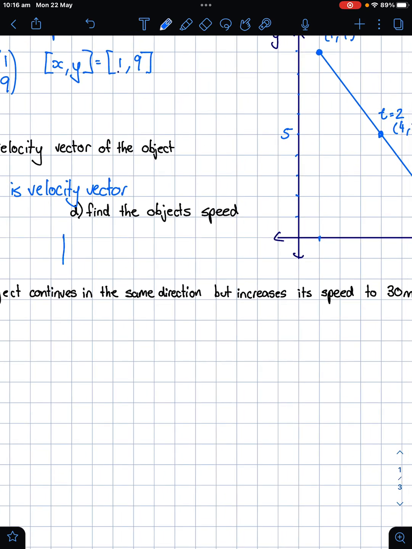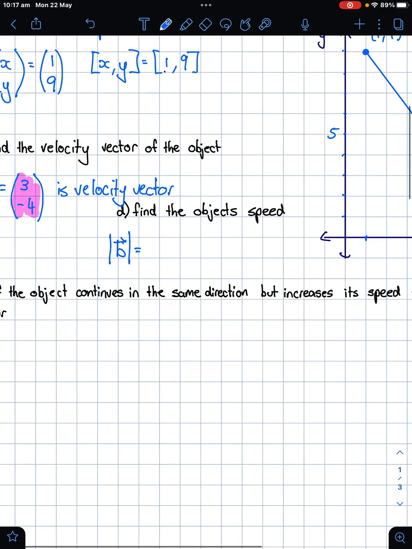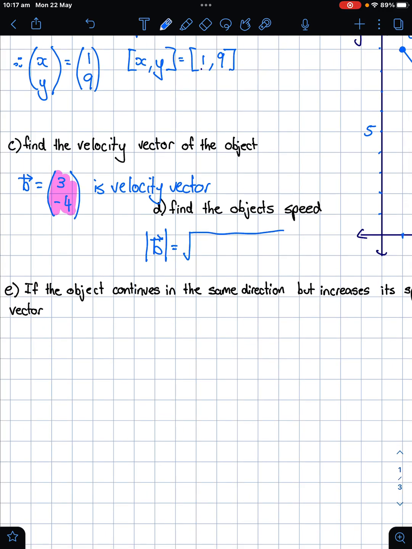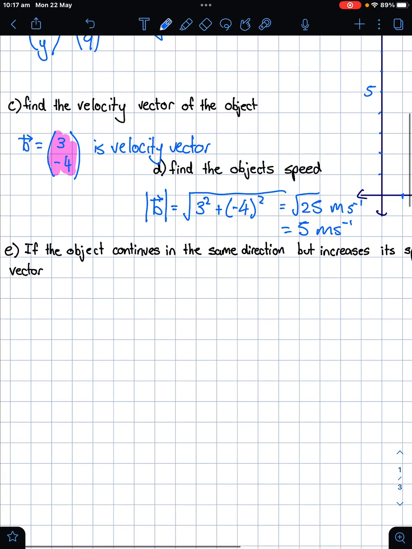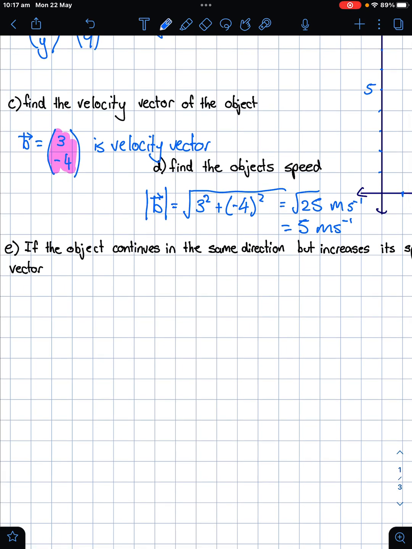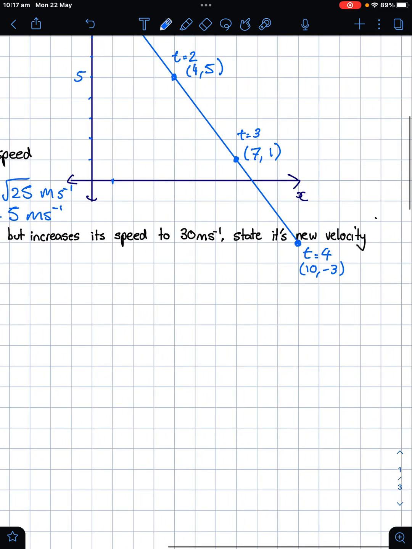So our definition for the speed is we get the velocity vector, we take the absolute value, so square root 3 squared plus negative 4 squared, which is going to equal square root 25, and it's going to be in meters per second, which is going to be 5 meters per second. Cool.